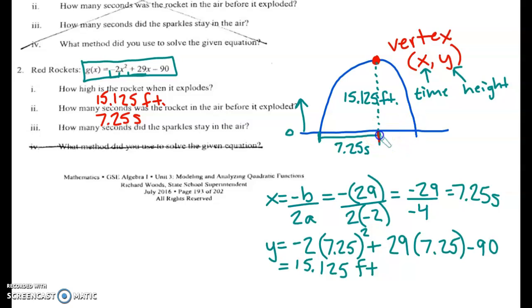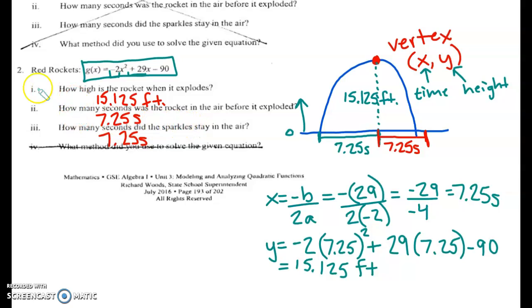So from when the firework exploded until it hit the ground, the sparkles would stay in the air for the same amount of time, another 7.25 seconds. So how many seconds did the sparkles stay in the air? The same amount of time it took for the rocket to explode.